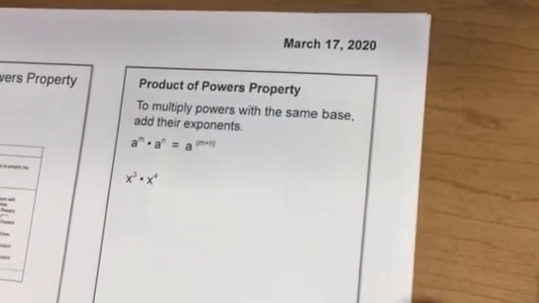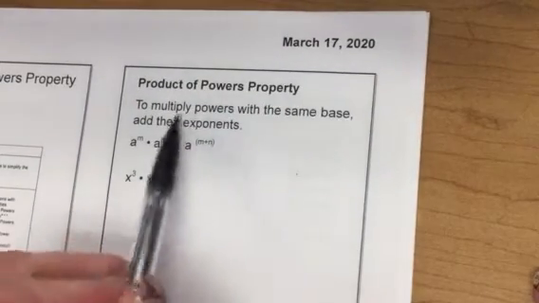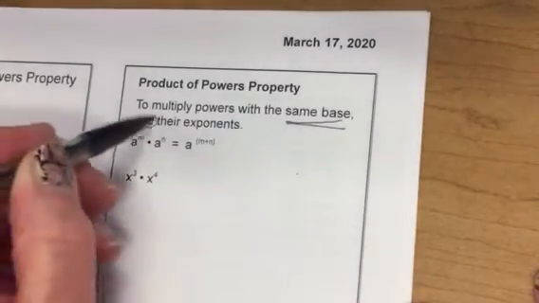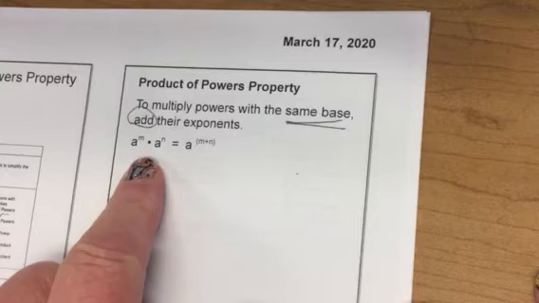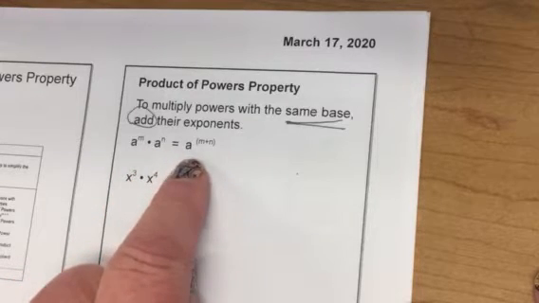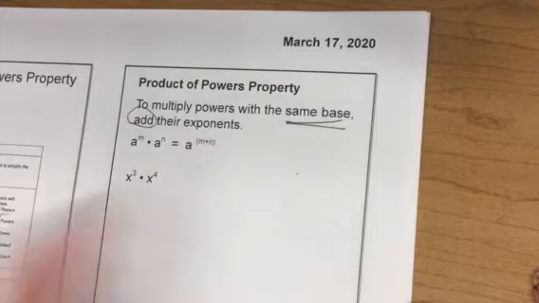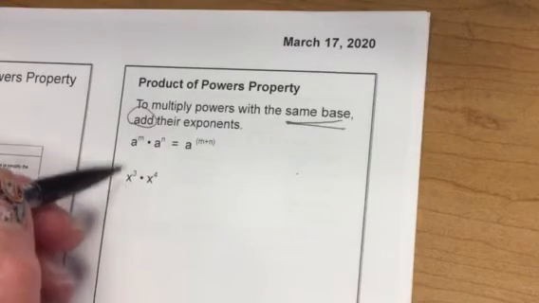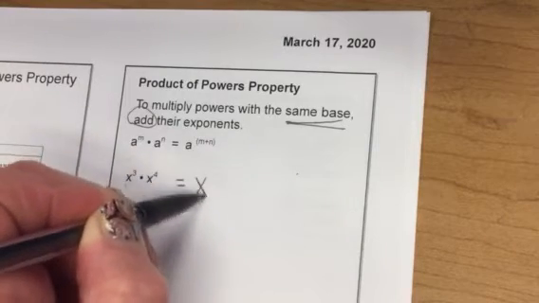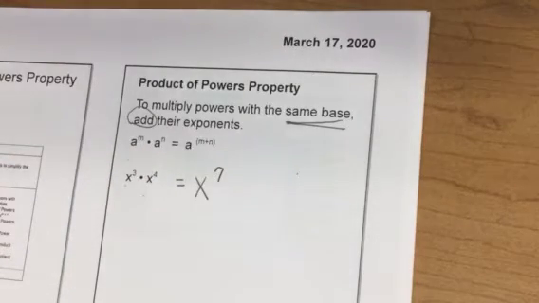The product of powers property says if I'm going to multiply powers with the same base, you just add the exponents. A to the m times a to the n equals a to the m plus n. So x to the third times x to the fourth would equal x to the seventh.